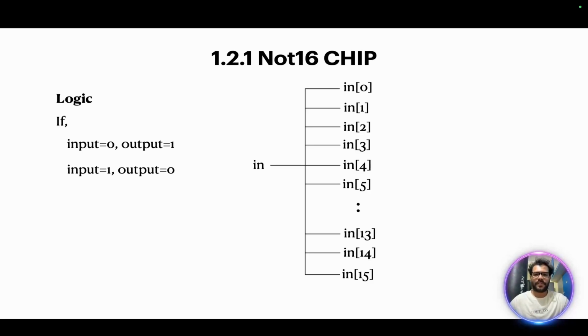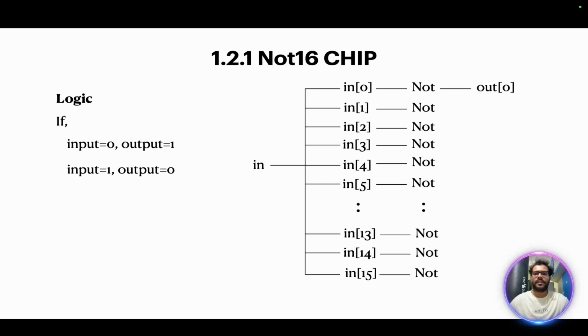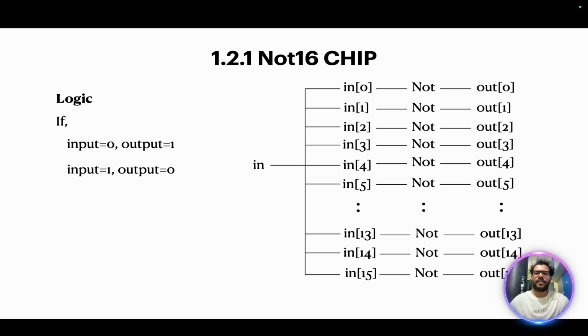So we take the first bit, which is the input of 0, pass it through a NOT chip that we have built before to get the output of 0. Similarly, we pass input of 1 to the NOT chip to get output of 1. And by extension of this process, we'll be passing each value through the NOT chip and getting output.